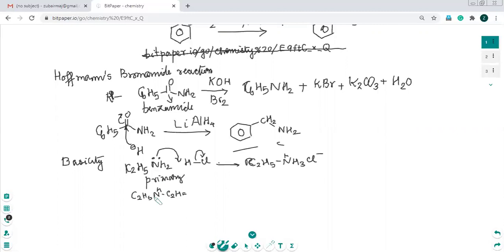The availability of electrons on the nitrogen is a measure of basicity.